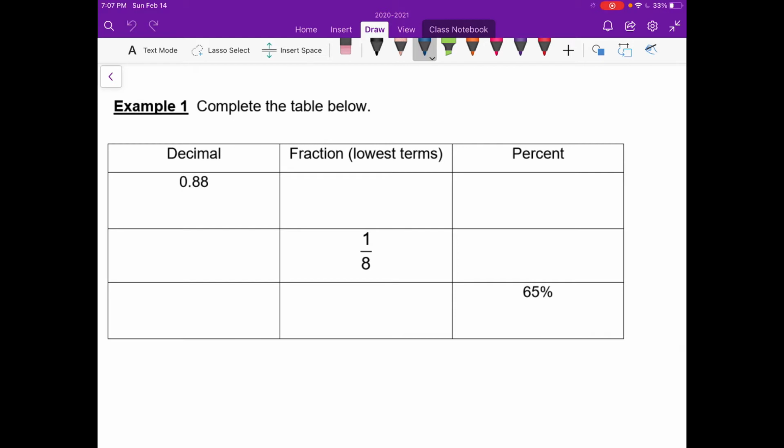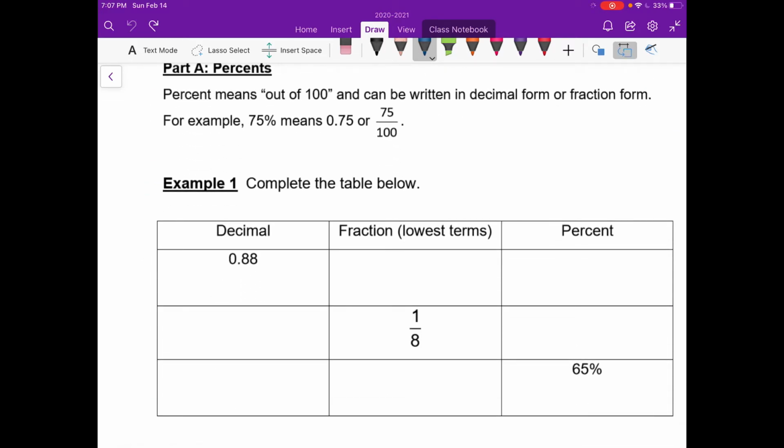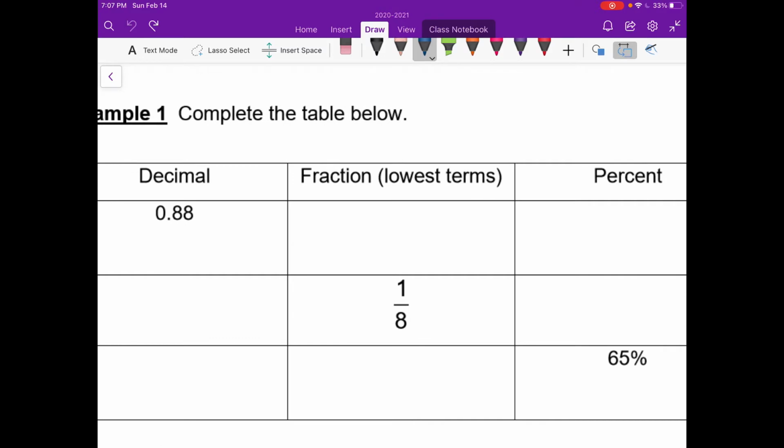So in the lowest terms, when we're converting a decimal into a percentage, the first thing I'm going to ask you to do here is change it to over 100. So 0.88 basically just means 88 over 100, and then you can reduce this into the lowest form.